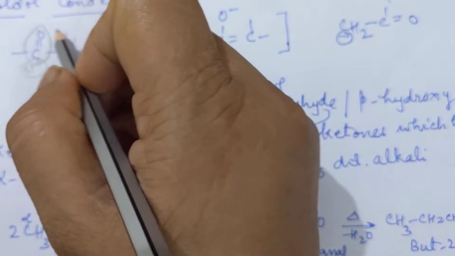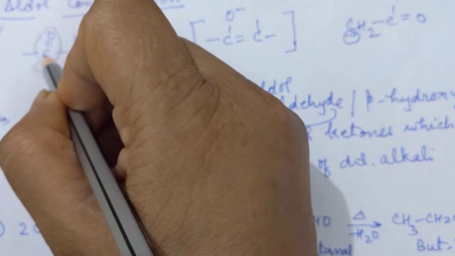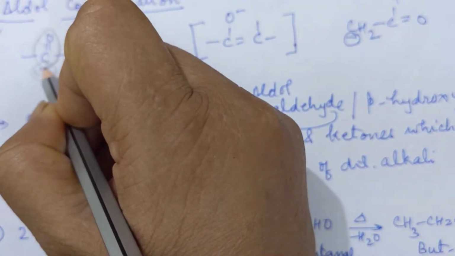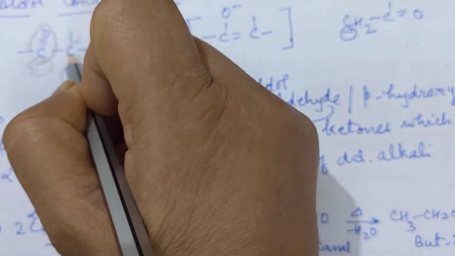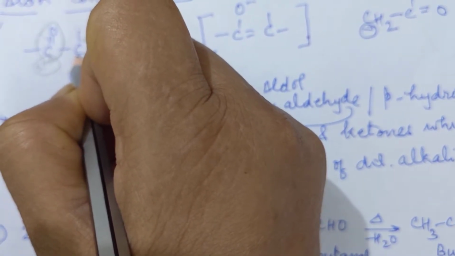It withdraws electrons. Oxygen withdraws electrons from the carbon-oxygen bond. In turn, the carbon becomes positively charged and it is sp2 hybridized. It will pull electrons from the sp3 hybridized carbon.